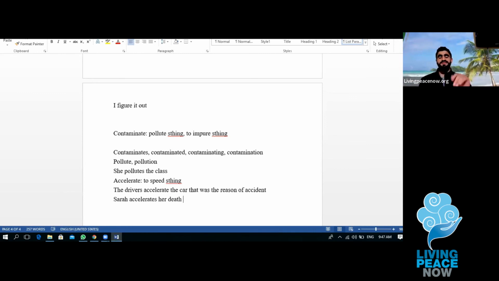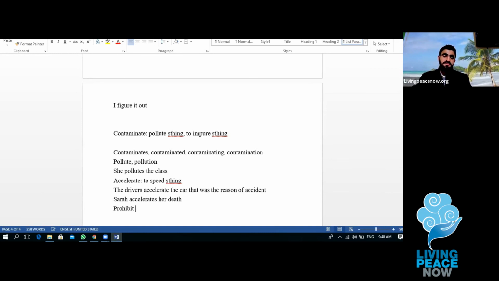Accelerator is a noun. Accelerates is the present form, accelerated the past form, accelerating, and the infinitive is to accelerate. Sarah plans to accelerate the car.